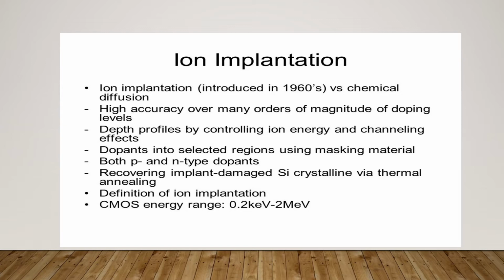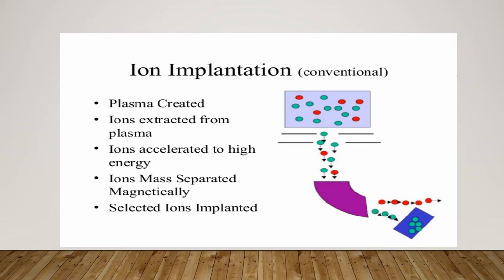Dopants can be placed into selected regions using masking material. Both P and N type dopants are used. The implant-damaged silicon crystal is recovered by thermal annealing. This is the definition of ion implantation. The CMOS energy range is 0.2 kilo electron volt to 2 million electron volt.